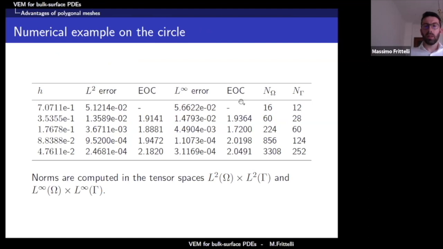Notice that we did not prove anything for the L infinity norm, but experimentally we find that even in L infinity the convergence is optimal. Let me further add that this L2 error accounts for both the L2 error in the bulk and the L2 error on the surface. In fact, it is a tensor product error. Okay, so we have optimal convergence.